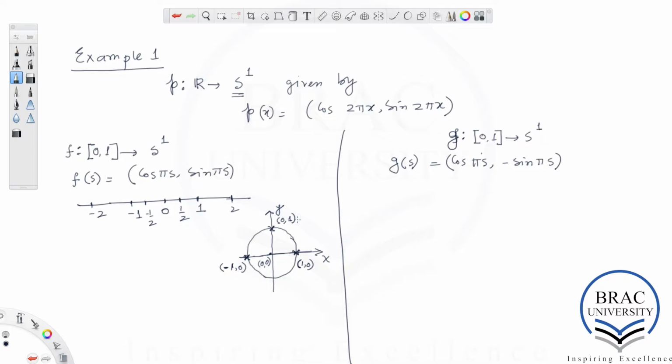So pictorially I am concerned with this path on the unit circle, oriented counterclockwise.